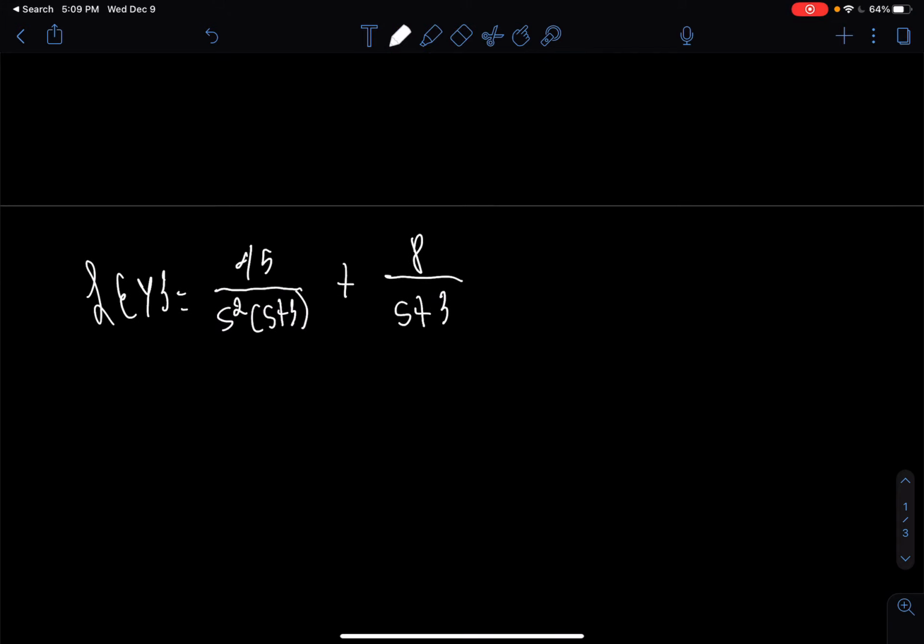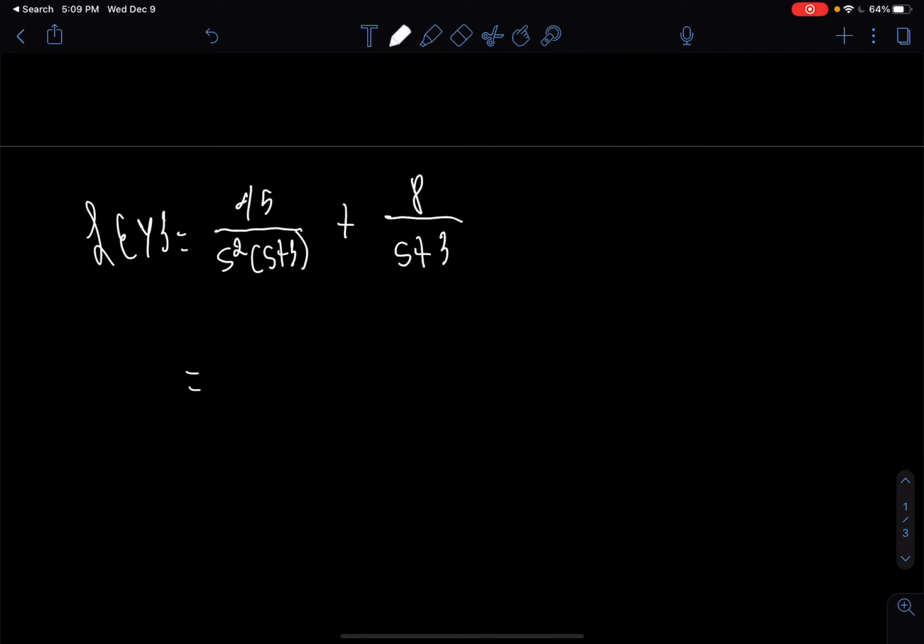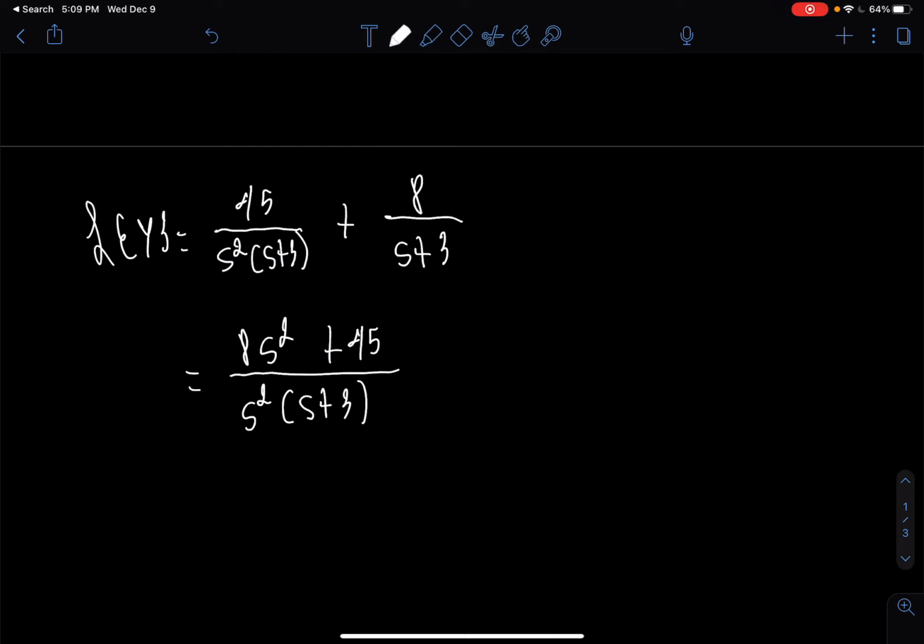By some multiplication in the denominators and such, and by rearranging this and combining both fractions, we'll now end up with 8s squared plus 45 over s squared (s plus 3). So this is basically where we're at right now.